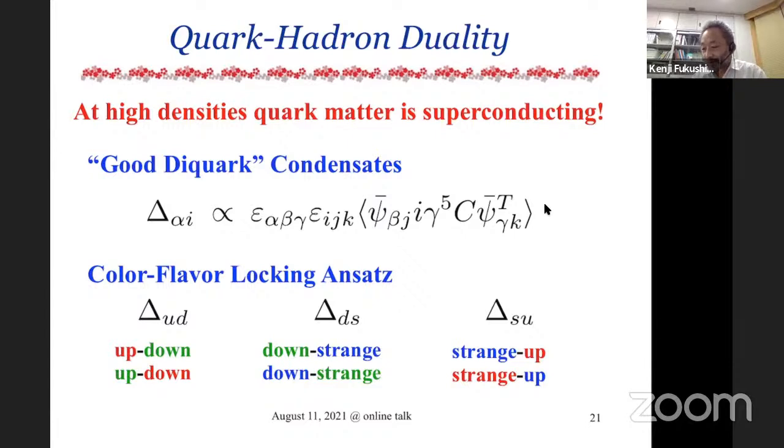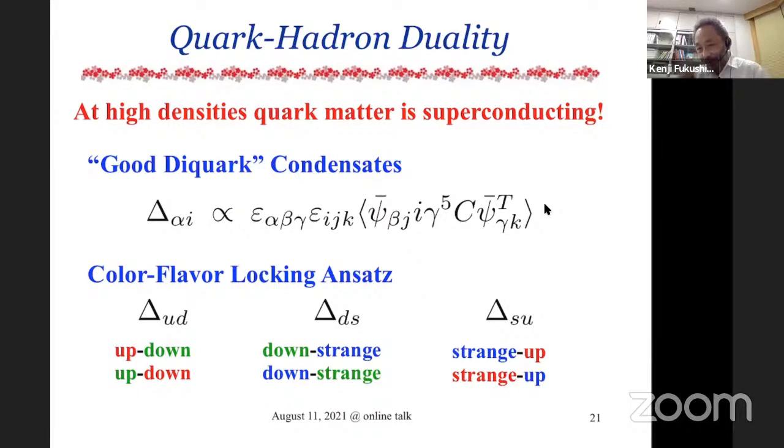And the color-flavor locked state is a special combination of color and flavor. For example, the ud quark, ds quark and su quark make some Cooper pairs, and then make a finite condensation. So that is a color superconducting phase.